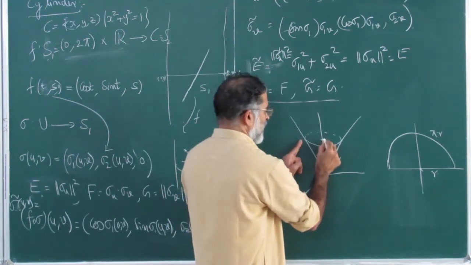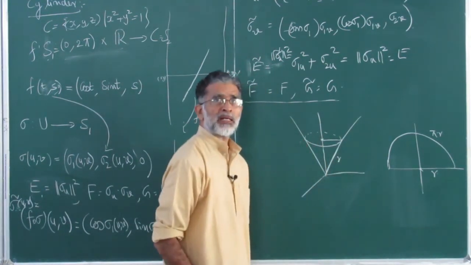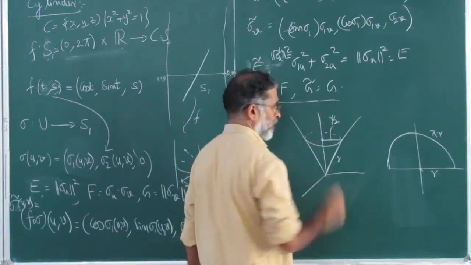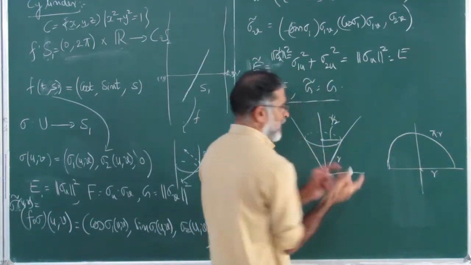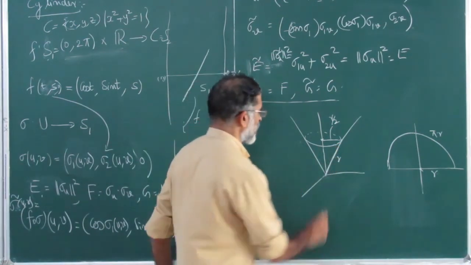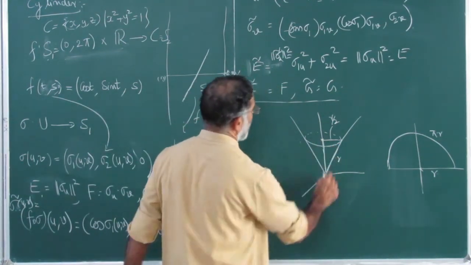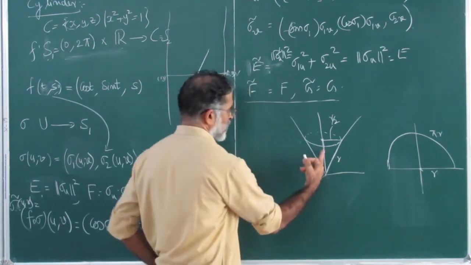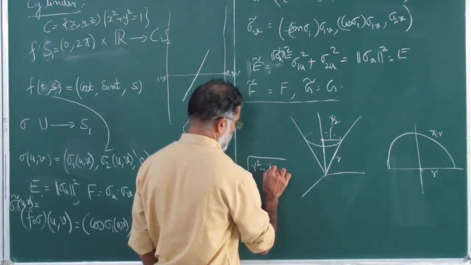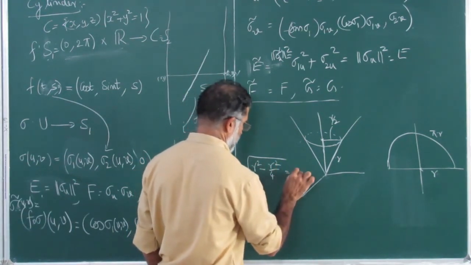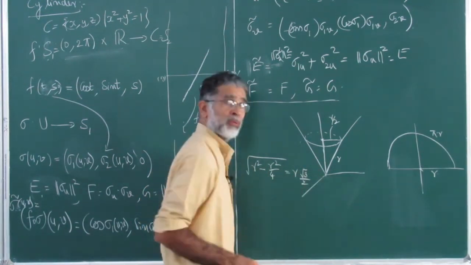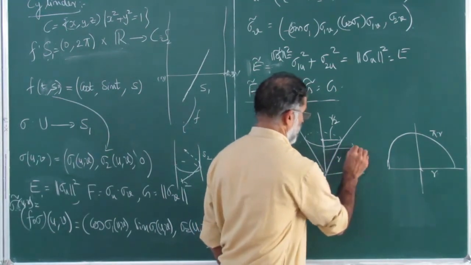That means the radius here has to be r by 2, because that semicircle is going to become a circle. And therefore for this height, you apply the Pythagoras theorem. So this will be the root of r square minus r square by 4, and that is equal to r root 3 by 2. So this height is r root 3 by 2.